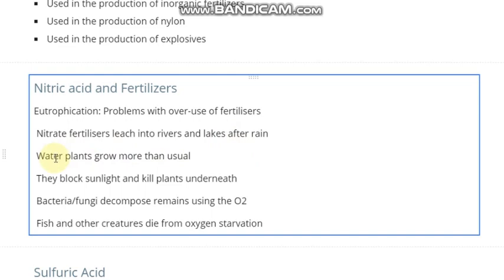They block the sunlight and kill the plants underneath in oceans, lakes and rivers. Of course, bacteria and fungi decompose the remains using up the oxygen, and fish and other creatures start to die from lack of oxygen, or oxygen starvation. This is what we see in marine life, and overuse of these fertilizers causes eutrophication.